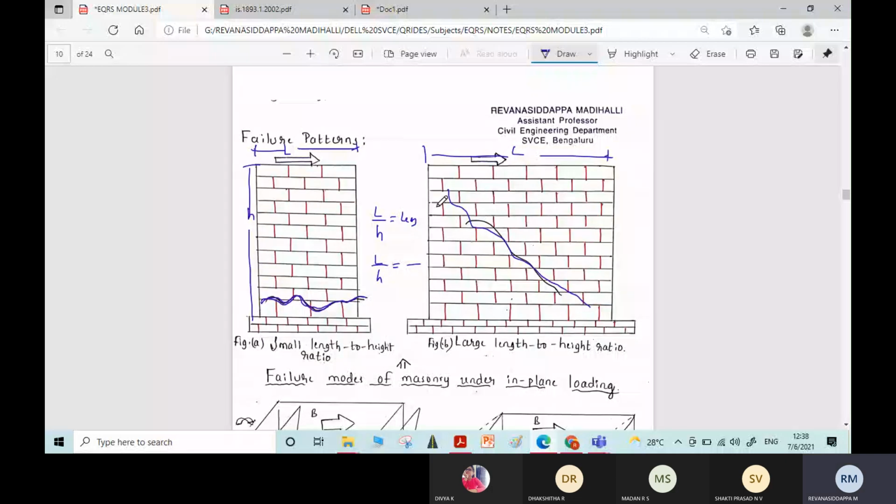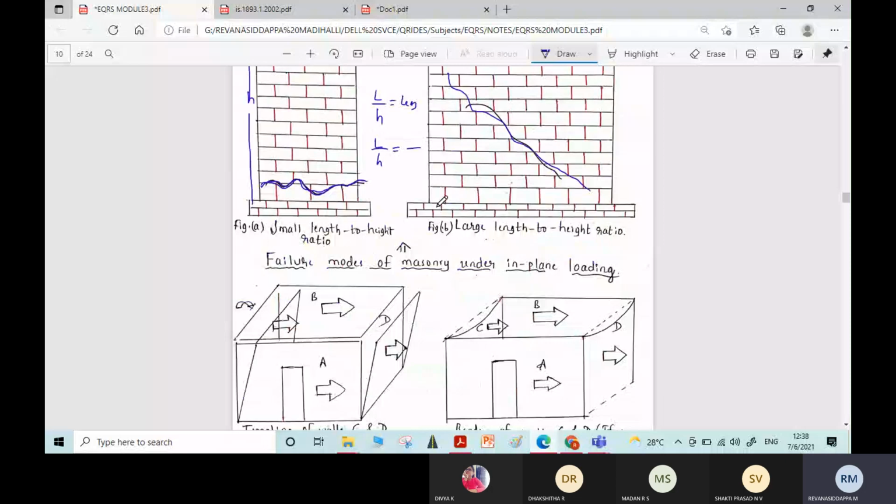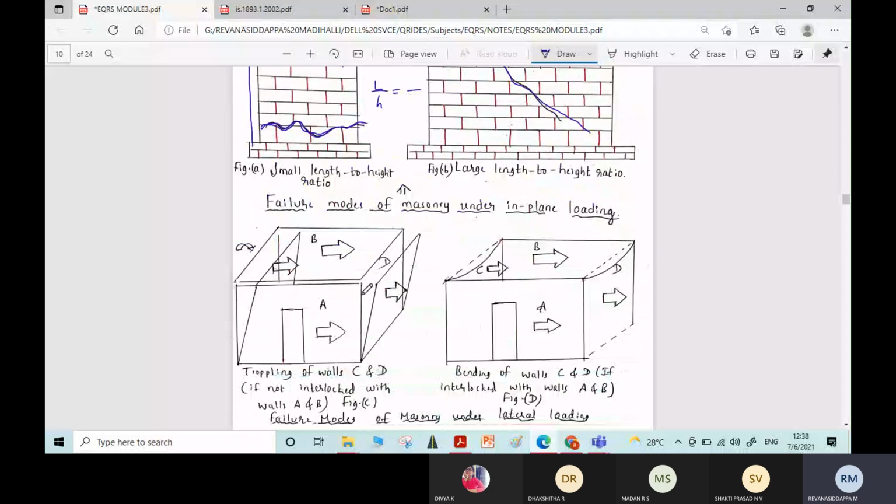Then coming to the joints between the walls and the diaphragm members like slab, beam or column. If proper fixity is not given between the wall and the diaphragm, at the edge of the slab or beam and the column junction, then what will be the type of failure?